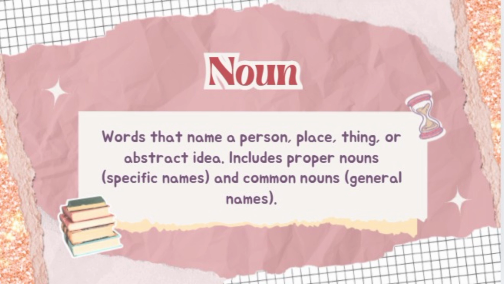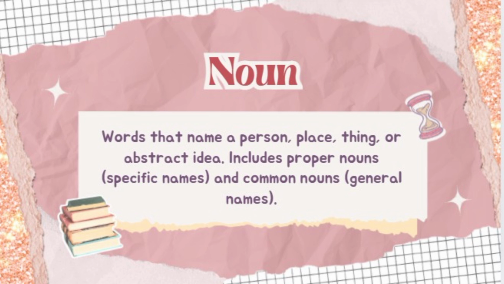Nouns can perform various grammatical roles in a sentence, including subject, direct object, indirect object, subject complement, object complement, appositive, or modifier. Examples include singular nouns like cat, plural nouns like cats, and possessive forms like cat's toy.